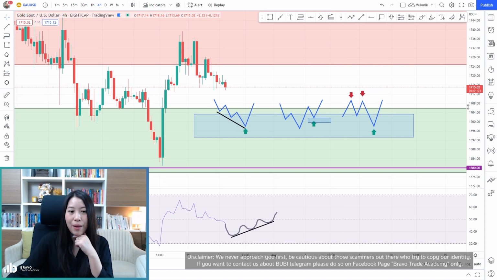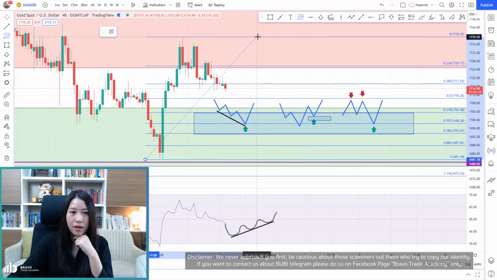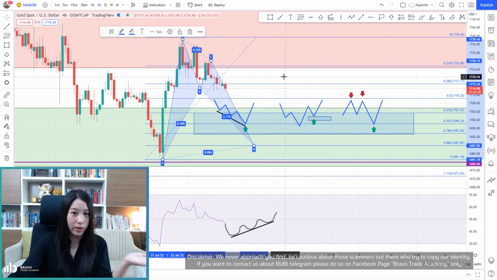And if you remember, I have the harmonic pattern that we were waiting for yesterday as well. So it's this one, you guys. XAUUSD, C, and then we will be waiting somewhere here for the harmonic.